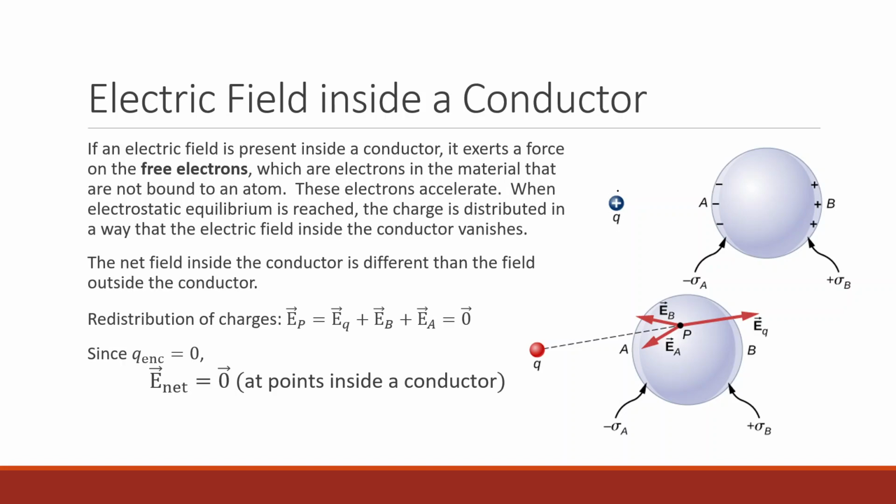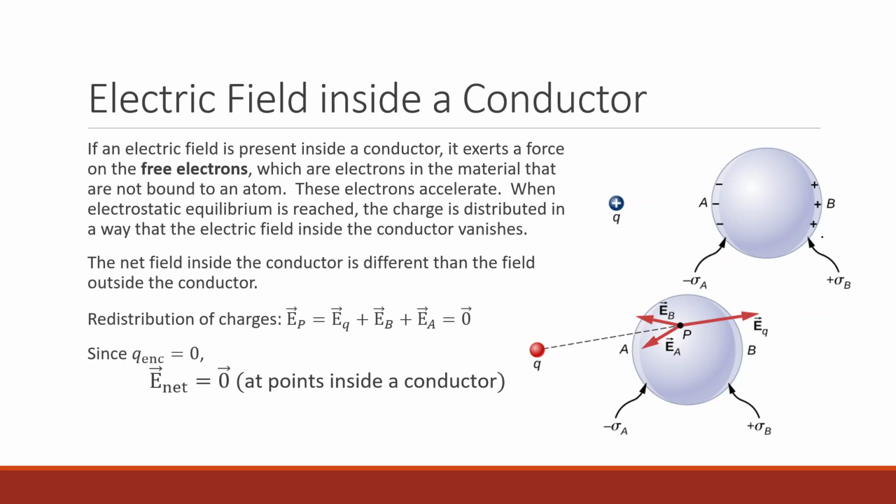We induced a negative charge near this A here, and on the other side we have another set of charges that were induced positive. Okay, so we have a negative sigma A on the A side and a positive sigma B on the B side.